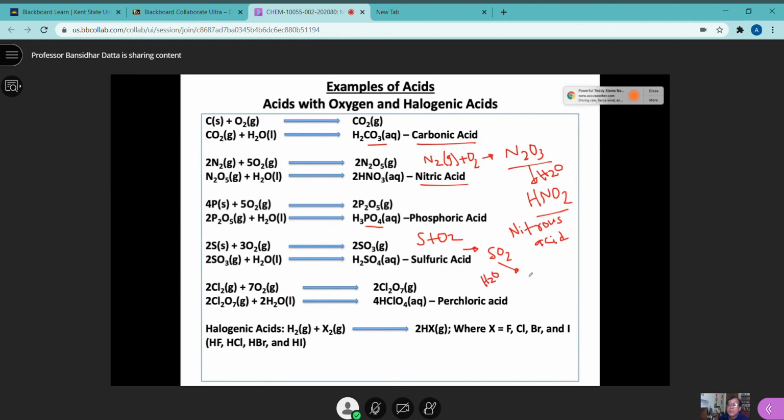If you add H2O liquid, you get H2SO3. Now, who can tell me the name of this? H2SO4 is sulfuric acid. What's the name of H2SO3? Sulfurous, like nitrous, sulfurous acid. And the polyatomic anion comes with SO3 minus. We'll come back to that, right?